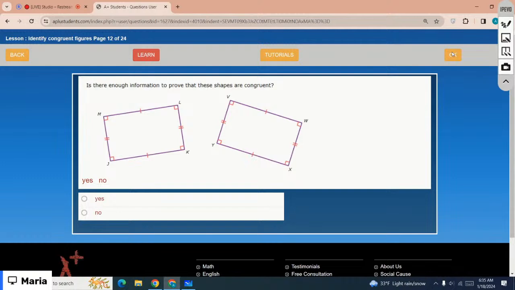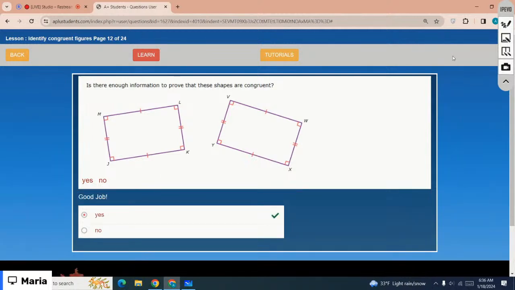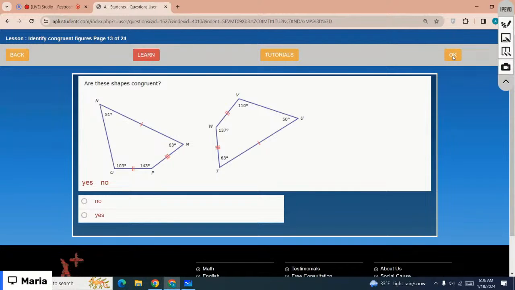Is there enough information to prove that these shapes are congruent? Yes, they are congruent. Are these shapes congruent?